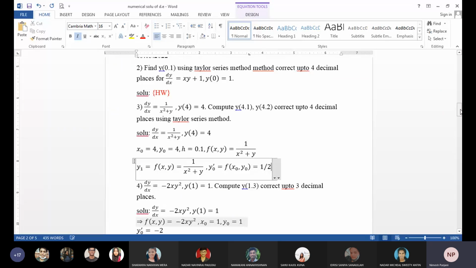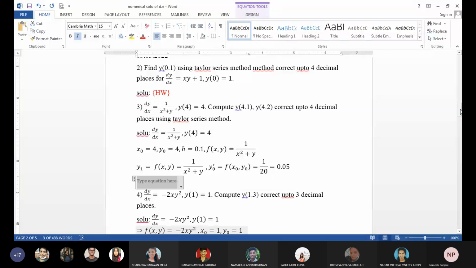So we get 1 divided by 20, which is 0.05.